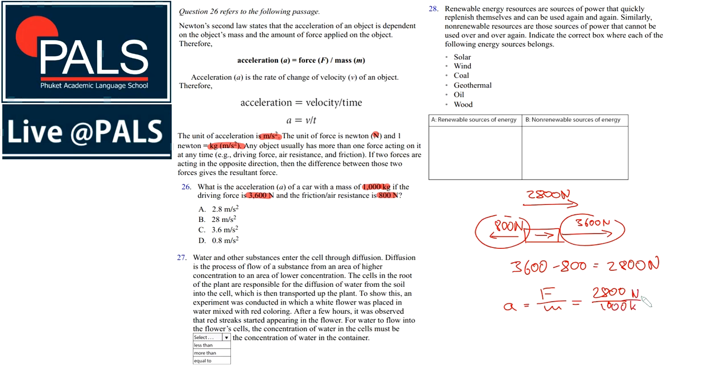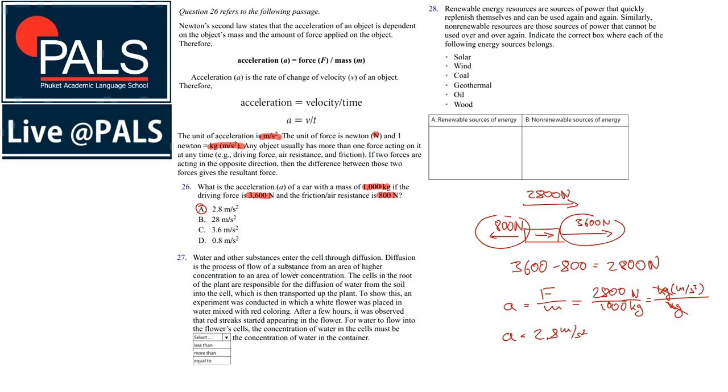And we know as well, they told us that Newton is equal to kilogram meter per second square. So if we divide this by kilogram, you can see that the kilogram cancels out and we are left with a unit for acceleration. So that would be equal to 2.8 meters per second square. And that is answer A.